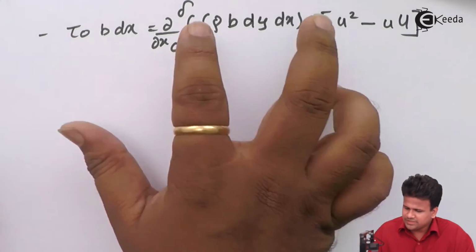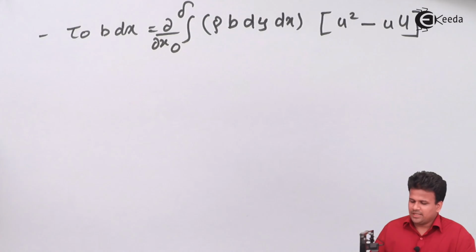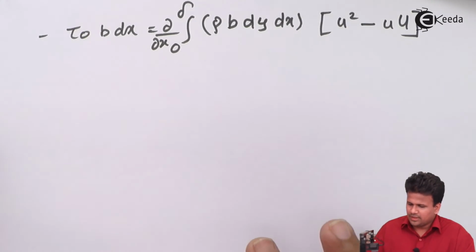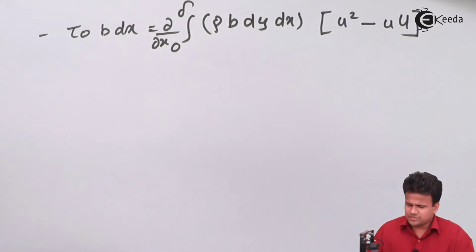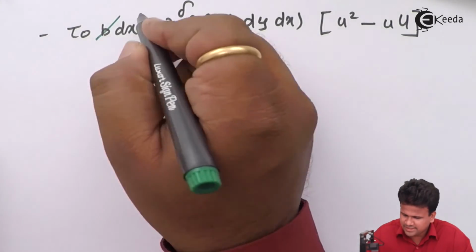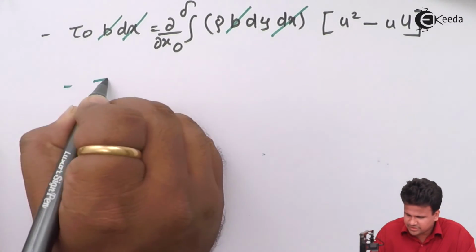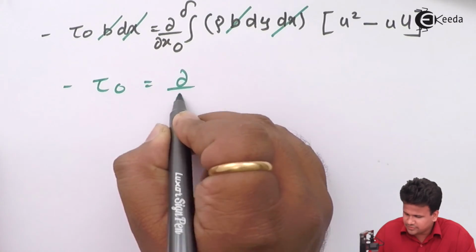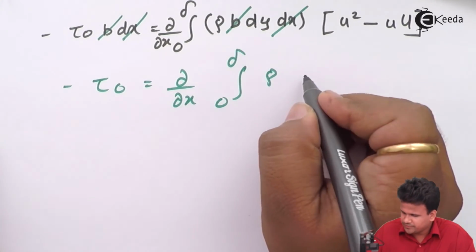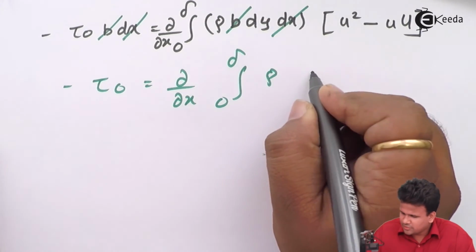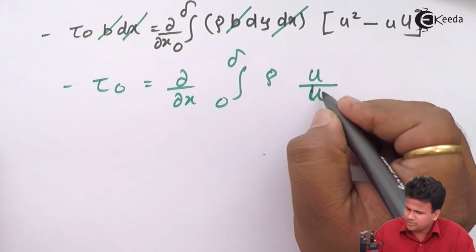So all these values, that is rho b into dx, are constant, but here we have to convert this part into momentum thickness. Now there is a small thing which we have missed over here, that is b dx and b dx, both of the things will go away, and this will be minus tau is equal to dou by dou x into integral 0 to delta rho into, let us take small u common, and along with small u we can divide this by capital U or u infinity.